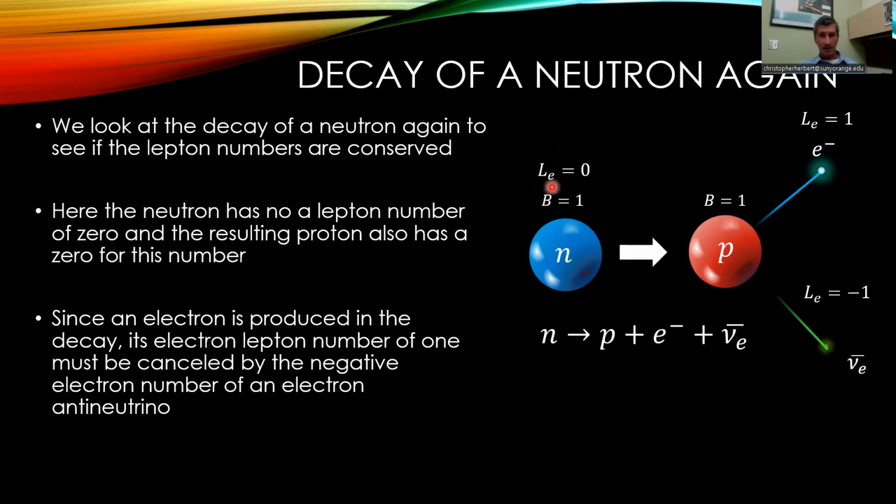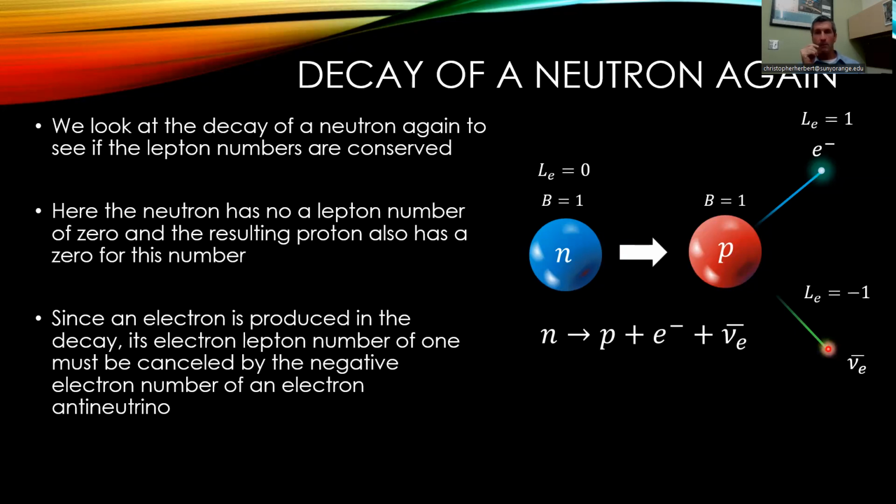There are no leptons at the beginning, so our electron lepton number is 0. And in order to produce an electron, lepton number 1, electron lepton number also 1, we have to produce an antineutrino. So that's how we balance that number right there.